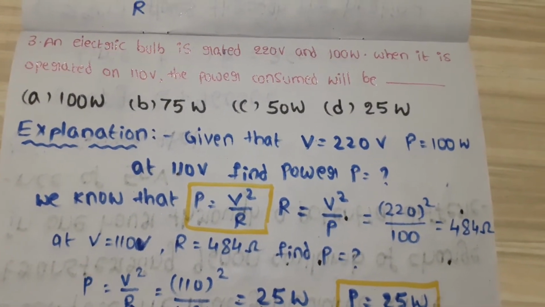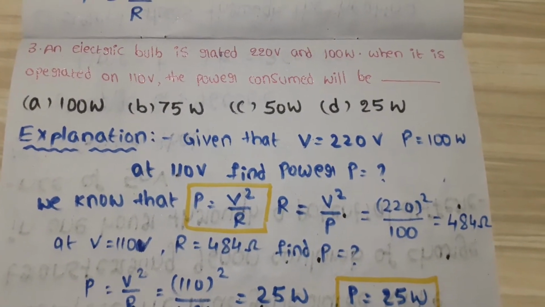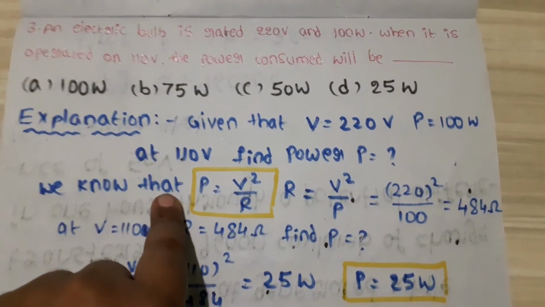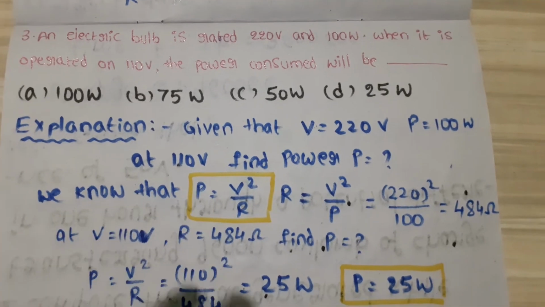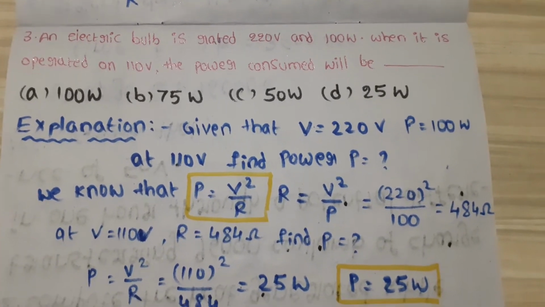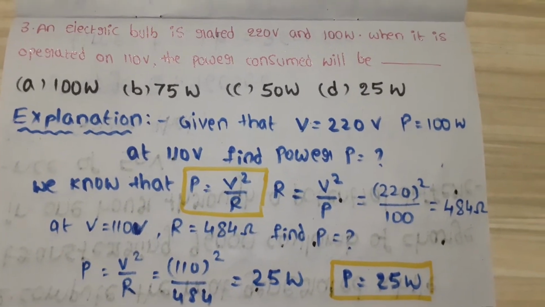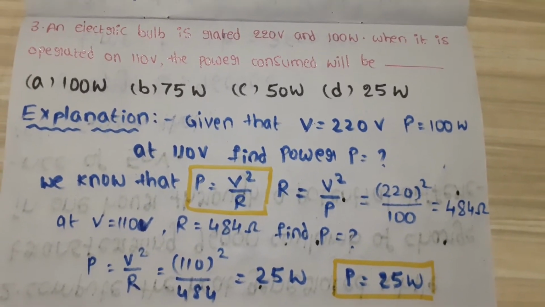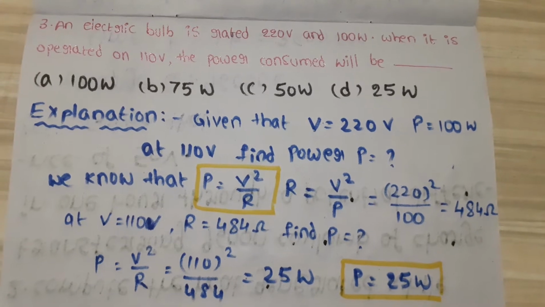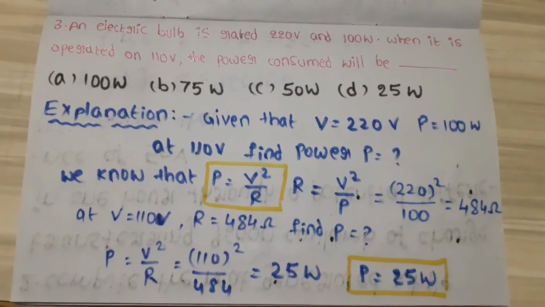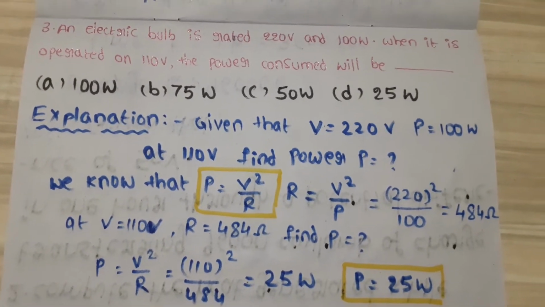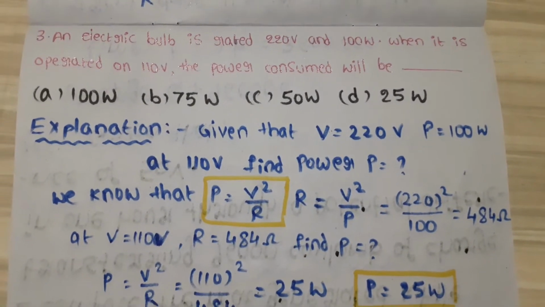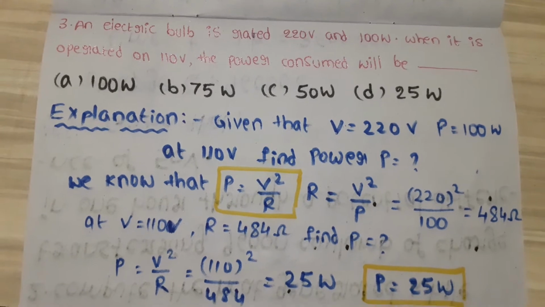From these two values I am going to find the resistance. We know that power P equals V square by R. First of all I find the resistance of the electric bulb: R equals V square by P. V equals 220 volts, P equals 100 watt, so the total value is 484 ohm, the resistance of the electric bulb.